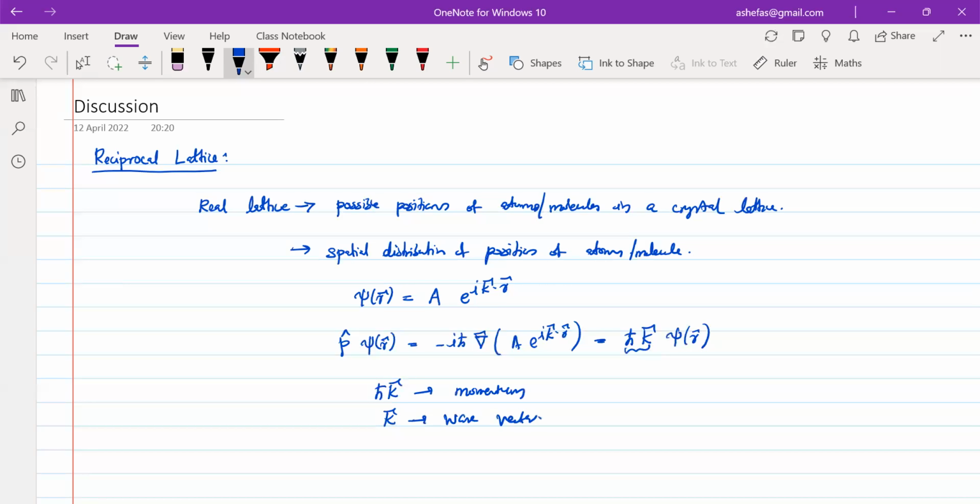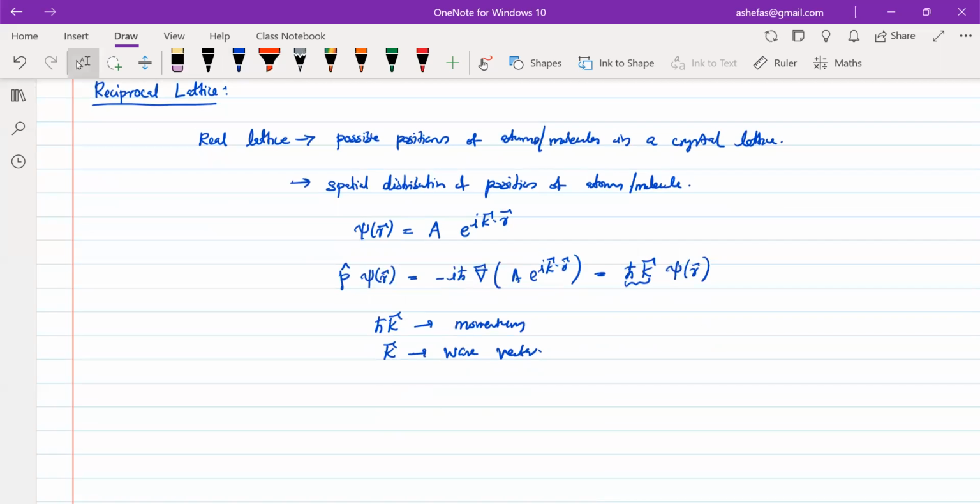Now, what are the possible values for the wave vector in case of the free electron theory? Remember, this psi of r, the wave function of the free electron, has to satisfy the periodicity of the lattice.